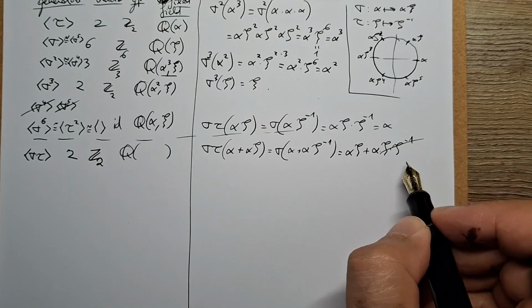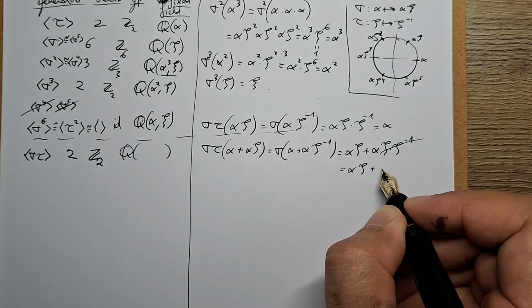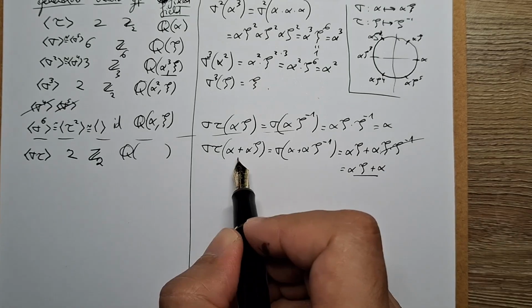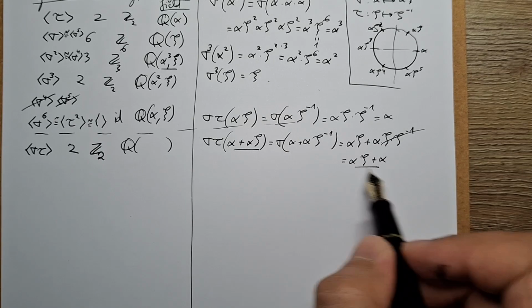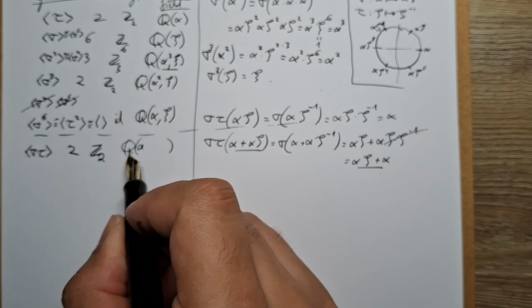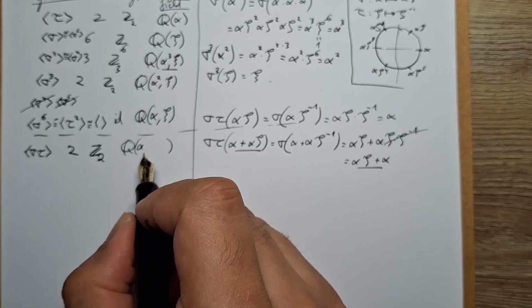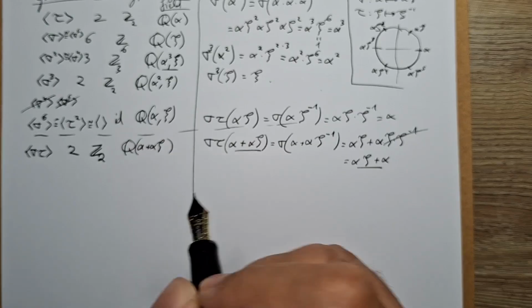This will cancel out, and we will have alpha multiplied by theta plus alpha, which is the same as we had before at the entry point. So this is fixed actually. So this is the fixed field that we have corresponding to this subgroup, alpha plus alpha theta.